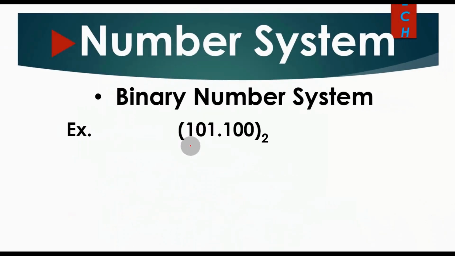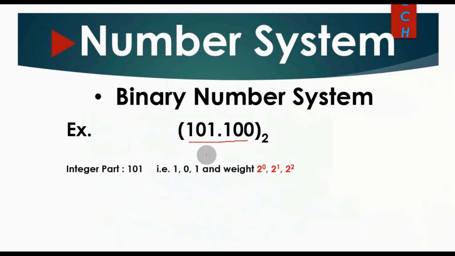Now let us say this is the binary number 101 dot 100. Now you have to write it mathematically, right? The integer part is 101.